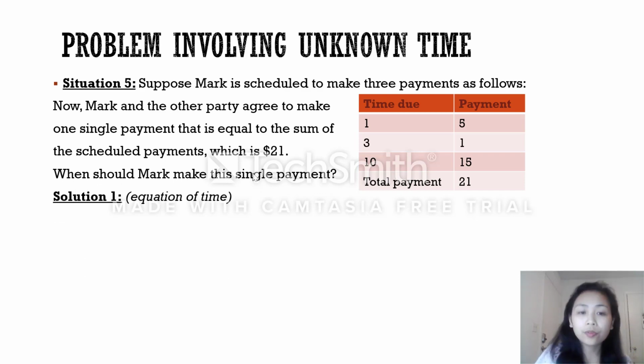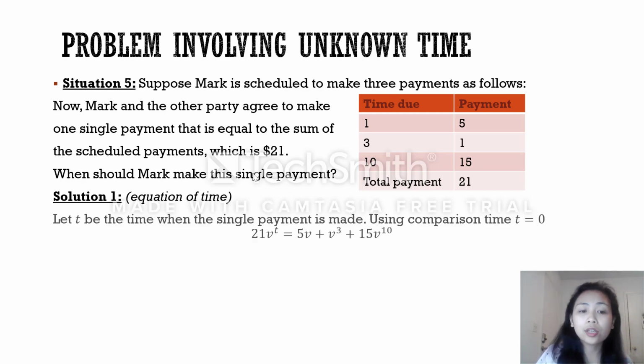So the solution: firstly, we think about the equation of value. In this situation, we let t be the time when the single payment is made. Using comparison time 0, we have 21 v to the t, because 21 is made at time t. When you bring it to time 0, you have 21 times v to the t equal to 5v plus v cubed plus 15 v to the 10. 5 times v, because 5 from time 1 we bring to time 0, so we multiply by v. $1 from time 3 brought to time 0, you multiply by v cubed.